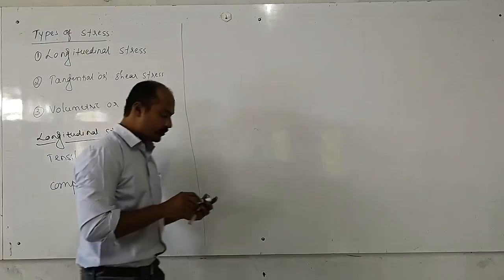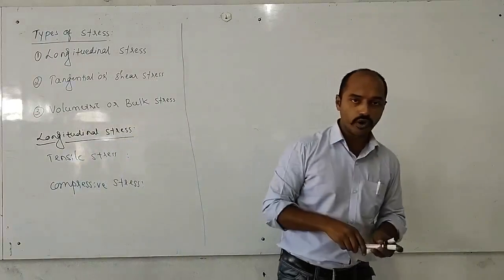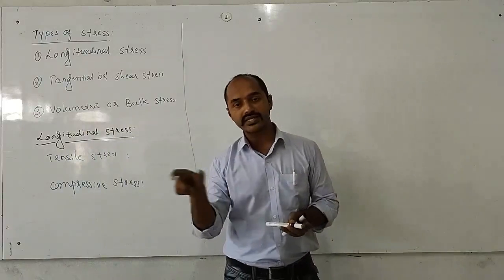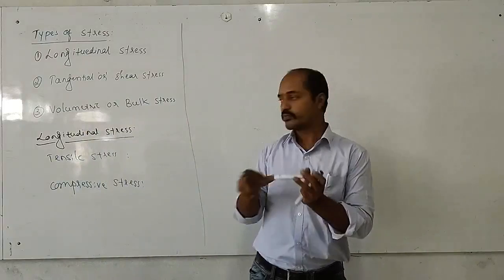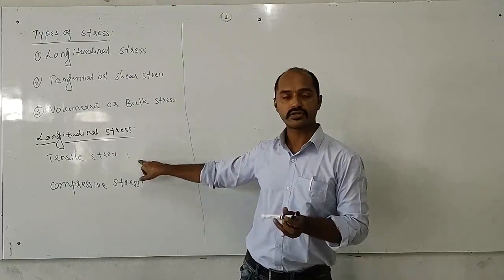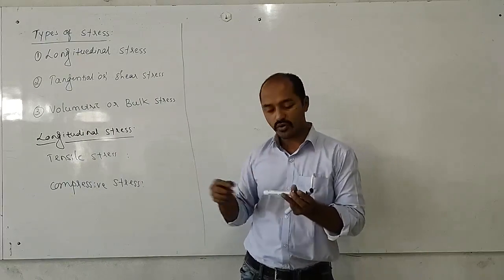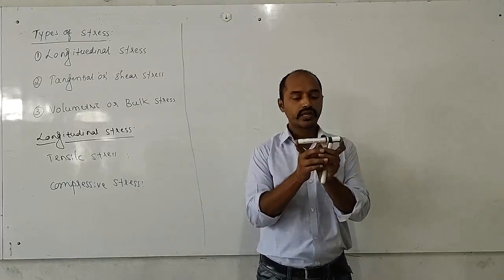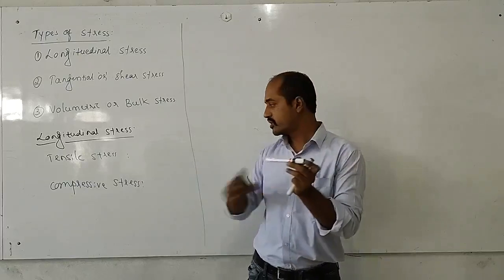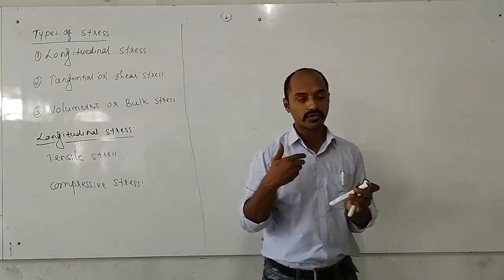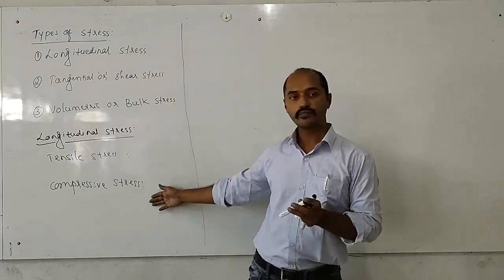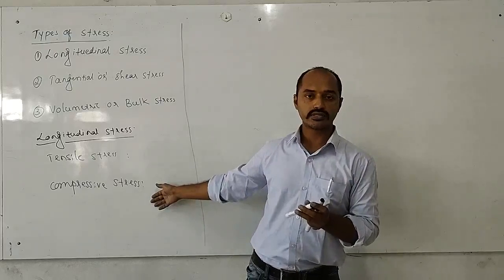If the force is acting on the body which tends to increase the size of the rod or size of the body, it becomes tensile stress or tensile force. If the force tends to decrease the length of the body, it becomes compressive force. Hence the stress associated is called compressive stress, right?